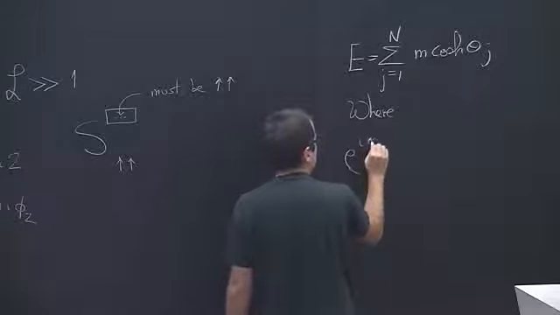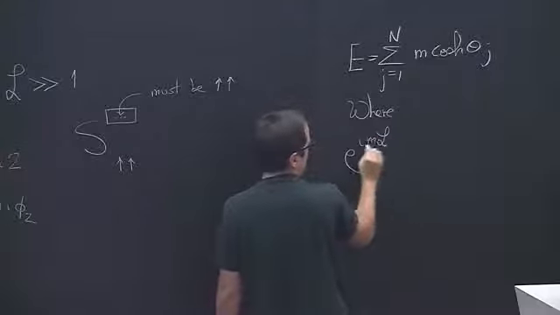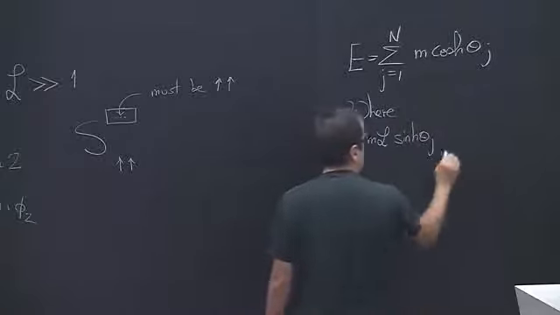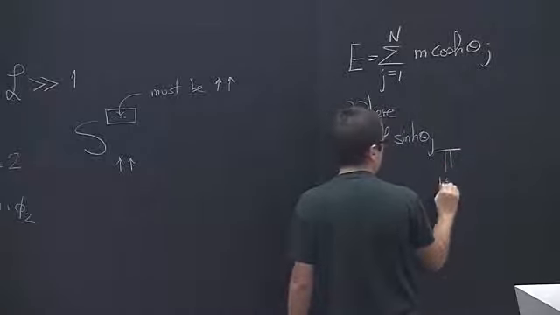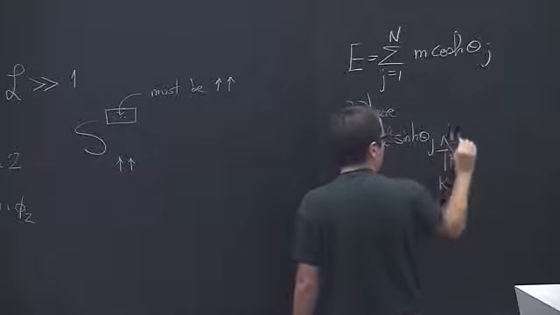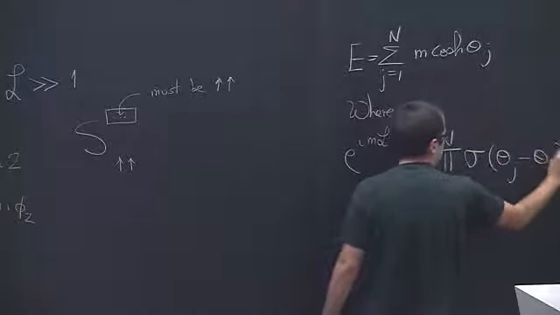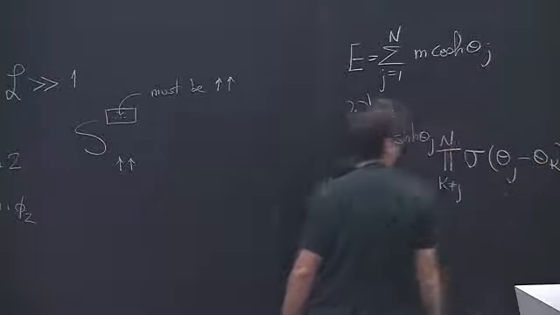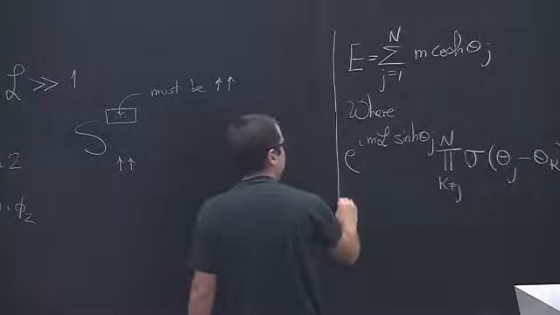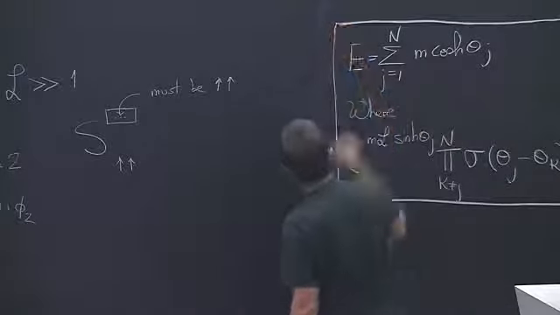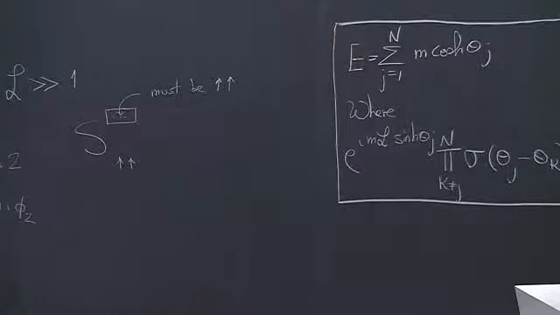E to the I mass times L, which is my dimensionless parameter, times sinh of theta j, times the product over k not equal to j up to n of my sigma of theta j minus theta k equals 1. So now, all we have to do is solve these Bethe equations, and if the circle is big, we get the spectrum of the O6 sigma model.